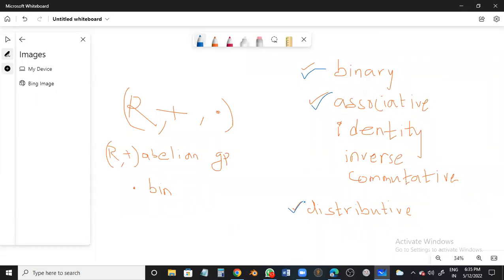Now it is a ring, and suppose in addition multiplication is commutative. What do we call it? A commutative ring. If there is an identity element for multiplication, we call it a ring with unity.